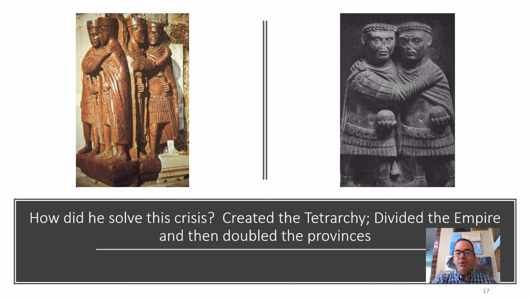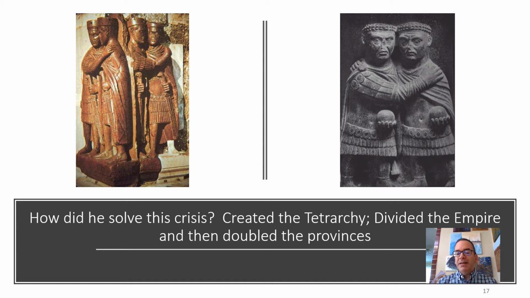And so you've got Diocletian in the east, and then he has a Caesar. And then in the west, you have a new emperor created, and then under him, you have a Caesar. And the idea is that when the emperor dies or something, everyone knows who's next in power. You don't get this rising up of all these different people because of the military. Now, I have to say it didn't really work, but at least calmed things down for a little bit.